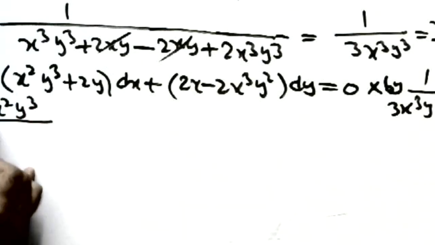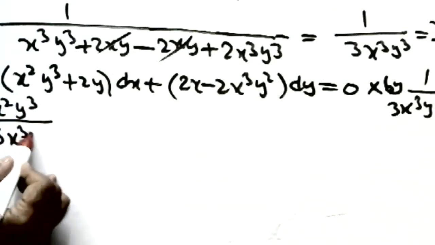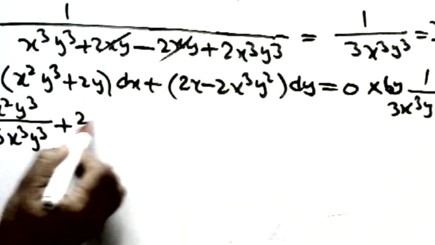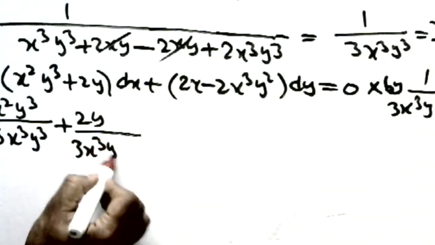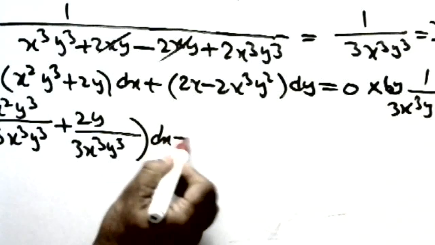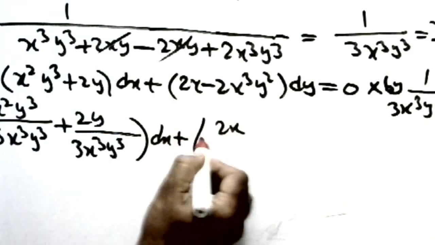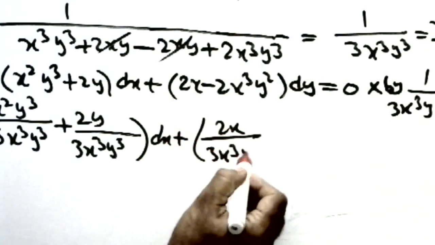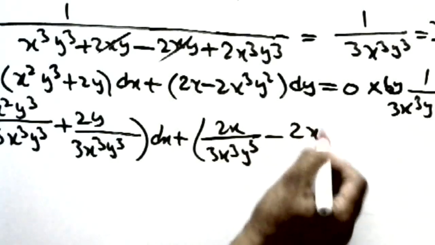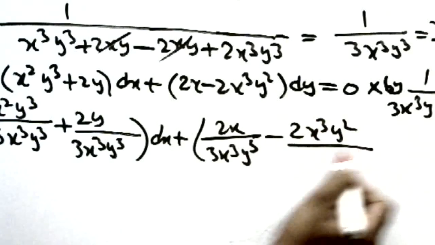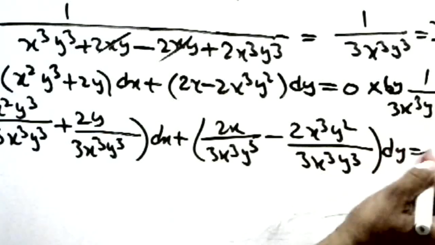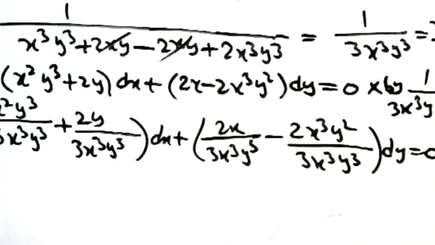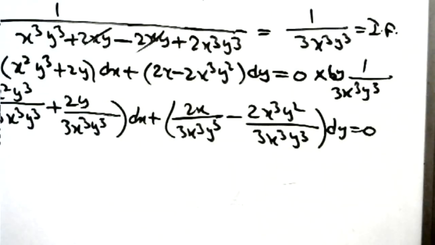See here, we have x square y cube plus 2y, multiplied with 1 by 3x cube y cube, dx, plus 2x by 3x cube y cube minus 2x cube y square by 3x cube y cube, dy equals 0. Now see what is left after cancellations.